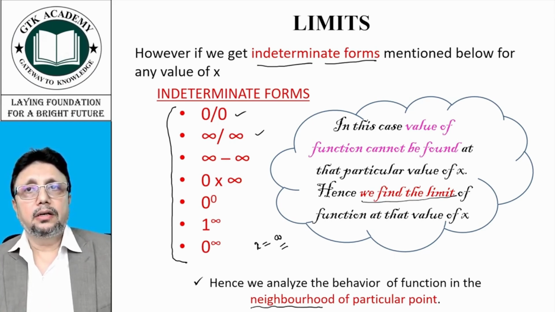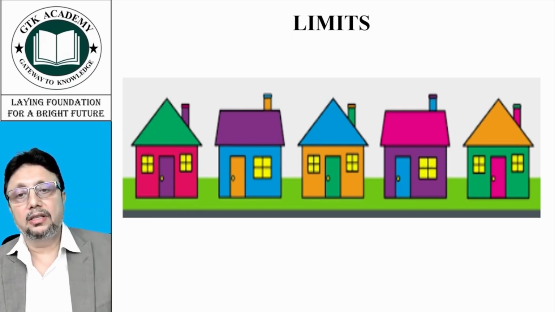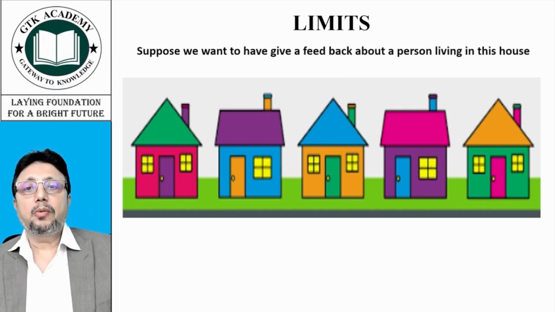Now, let me explain it with an interesting example so that it is easy for you all to remember. Say these are certain houses in a colony, and you can see 5 houses which are adjacent to each other. There can be much more than this number. Suppose we want to have feedback about a person living in some house, say this house.